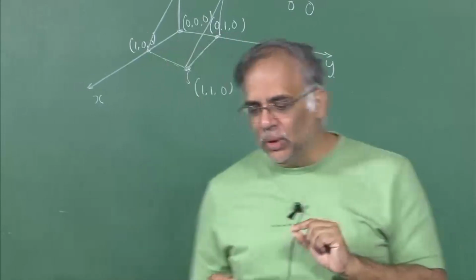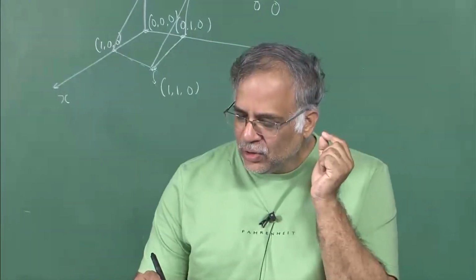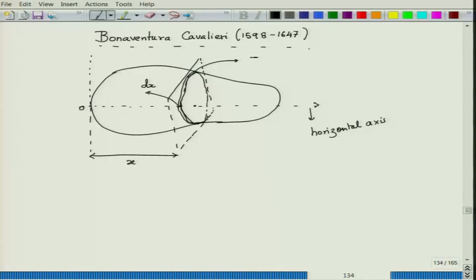Now what is the volume of this? So this slice is called an elemental slice or elementary slice. I am just writing elemental, that is the language I have learned from my childhood days. Elemental slice. Because x is the position, the area depends on this x.